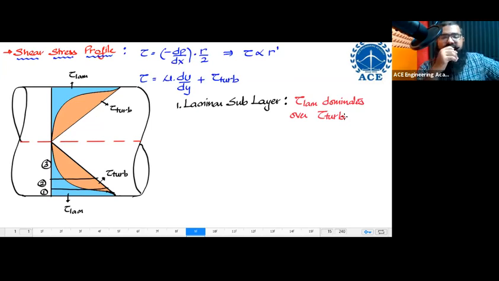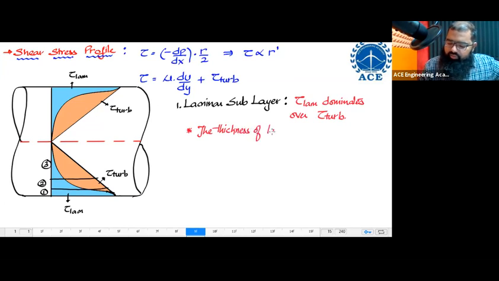Regarding this laminar sublayer portion, some points are important. This is the most important region. The first point is the thickness of the laminar sublayer, which is represented by delta prime.